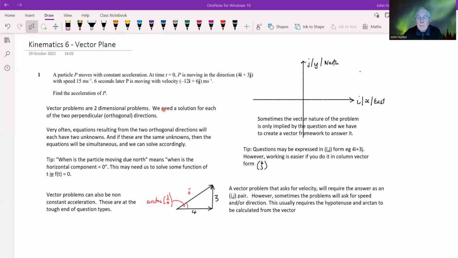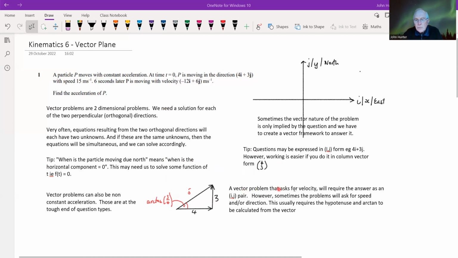But because we've got relationships in the horizontal and in the vertical direction, then we've got 2 equations in 2 unknowns, so we can solve simultaneously. Okay, so that is that.